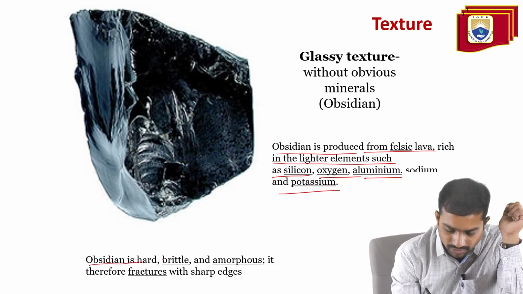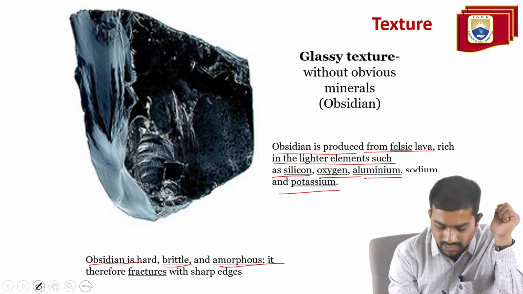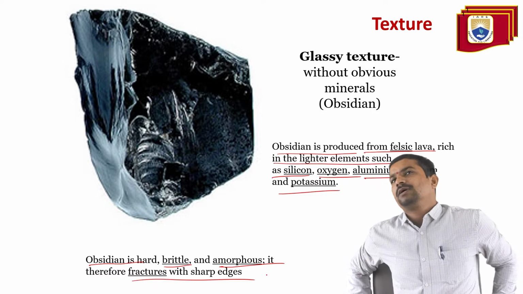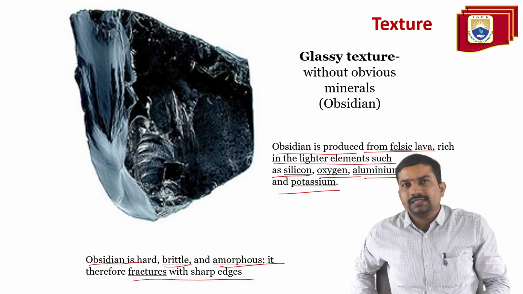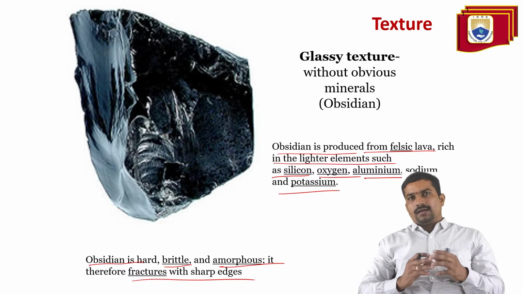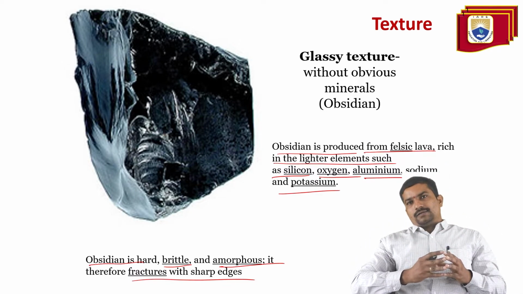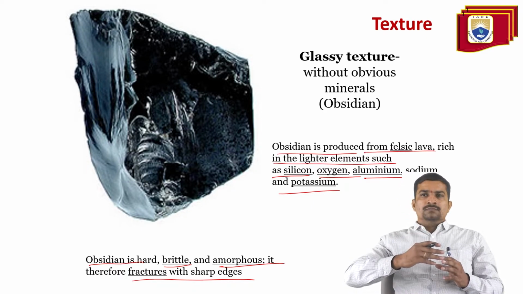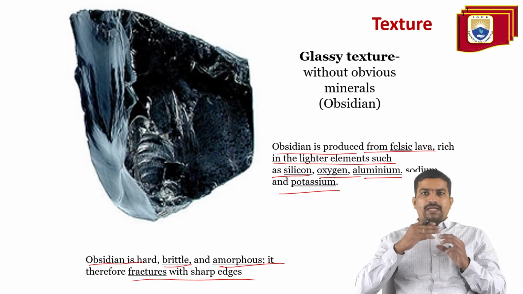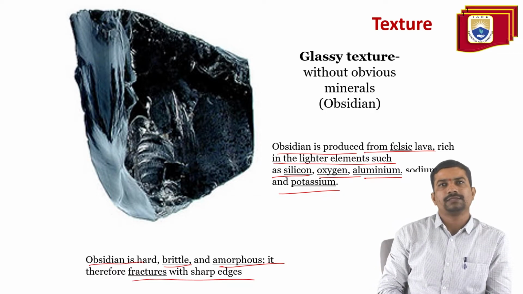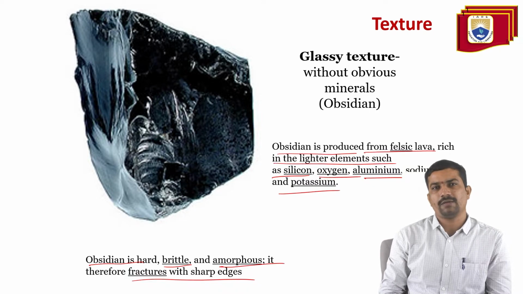Obsidian is hard, brittle, amorphous, and therefore fractures with sharp edges. So this is a glassy textured material, and it is also a brittle material. Basically, the lighter elements present inside the lava, like silicon, oxygen, aluminium, sodium, and potassium, help in the formation of this particular type of obsidian material.